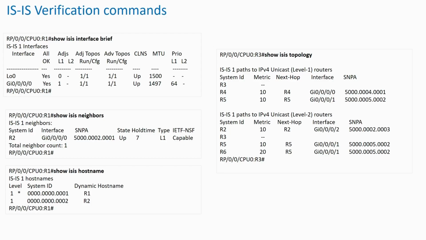You can use this command to verify the adjacency or neighborship status. The third command is show isis hostname. This command will give you the mapping between the system ID and the dynamic hostname of the devices. The fourth command is show isis topology. As its name suggests, you can use this command to see the ISIS topology information.